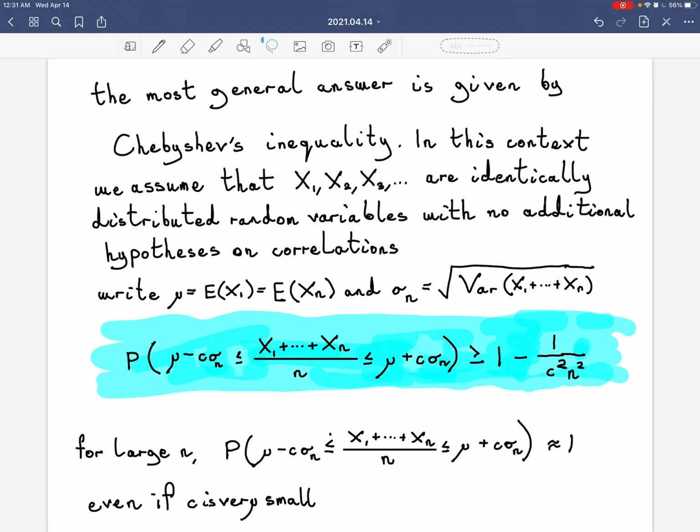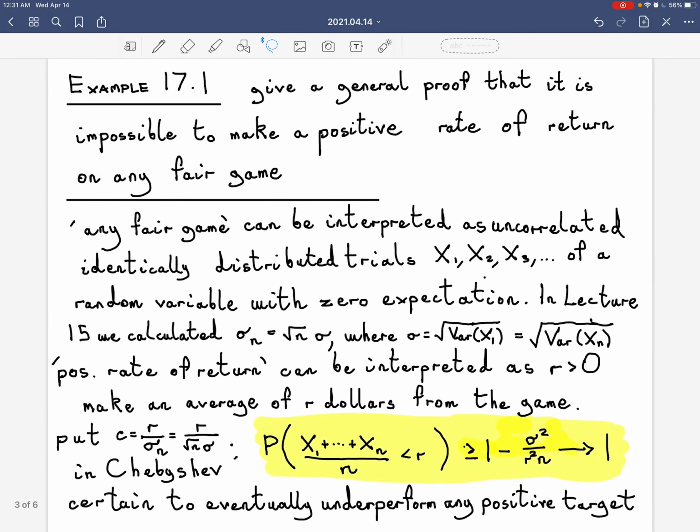So usually what you do when you use this inequality is you check how fast sigma n is growing, and then you choose c to cancel it out, which gives you a fixed error interval. Okay.